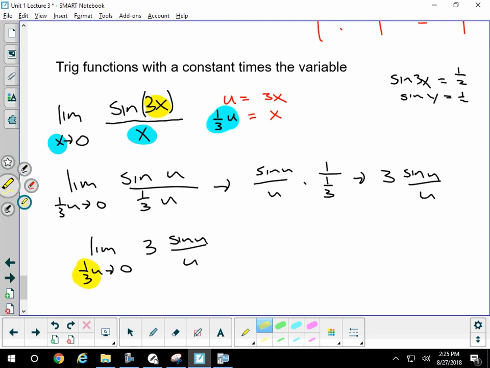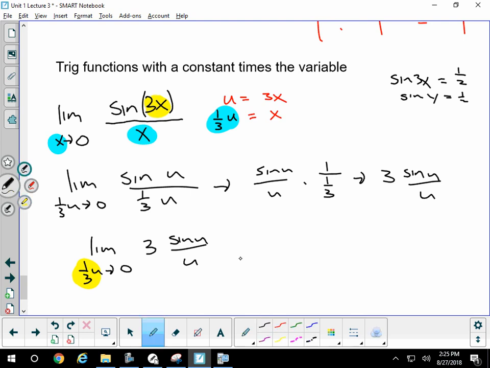For 1/3 u to approach 0, the only thing that can change in the 1/3 u is u. So if 1/3 times some value has to approach 0, the value needs to get closer and closer to 0, correct?